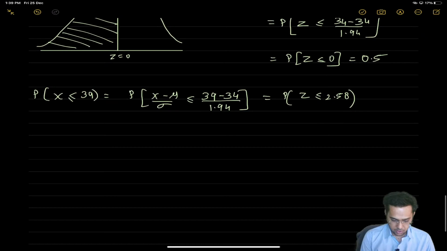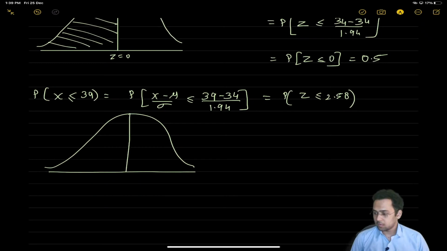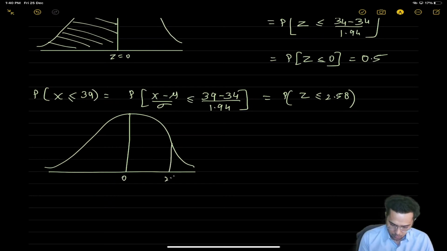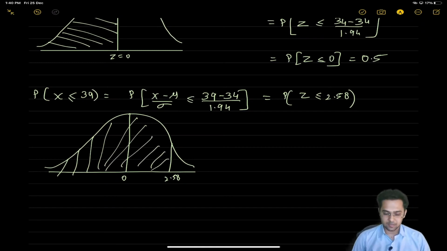If I draw a normal distribution curve for this, here we will have 0, so probably 2.58 will be here. We need this entire region. So how do we get this entire region?